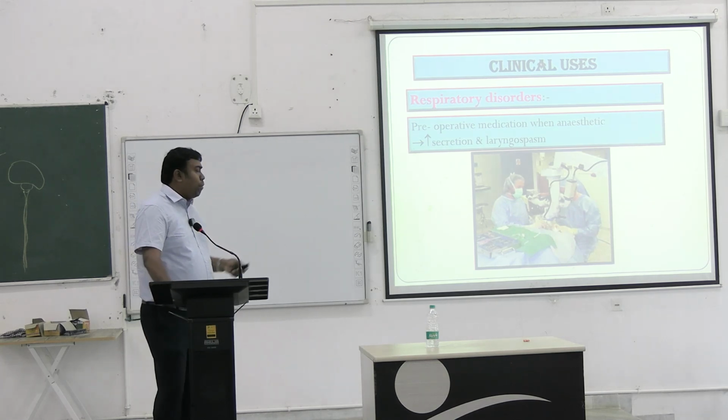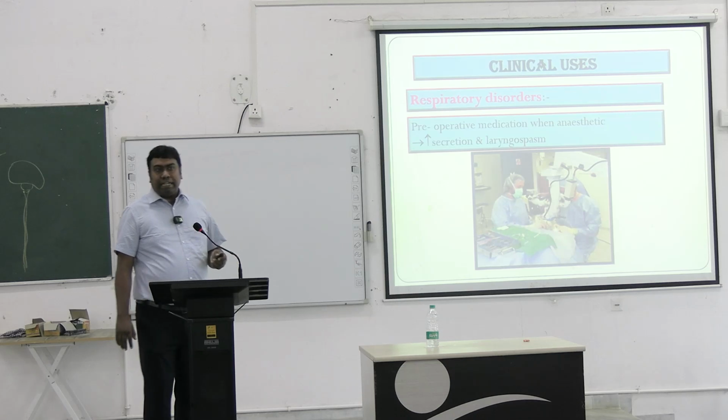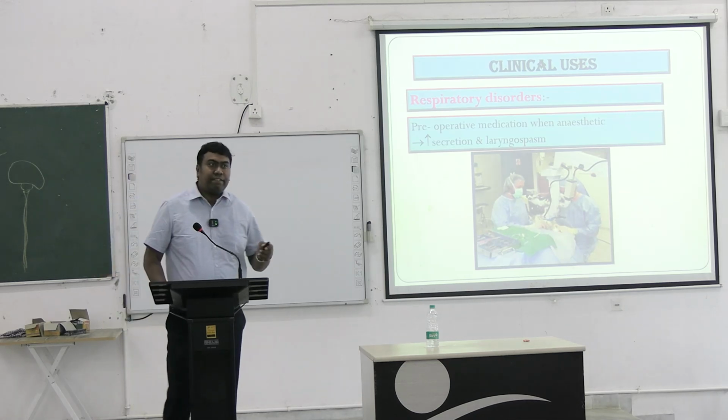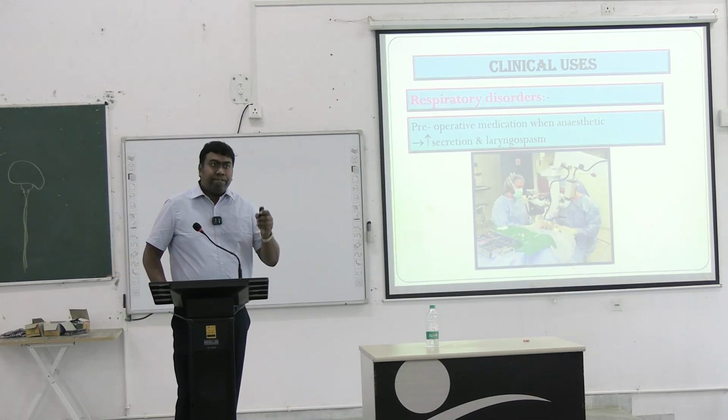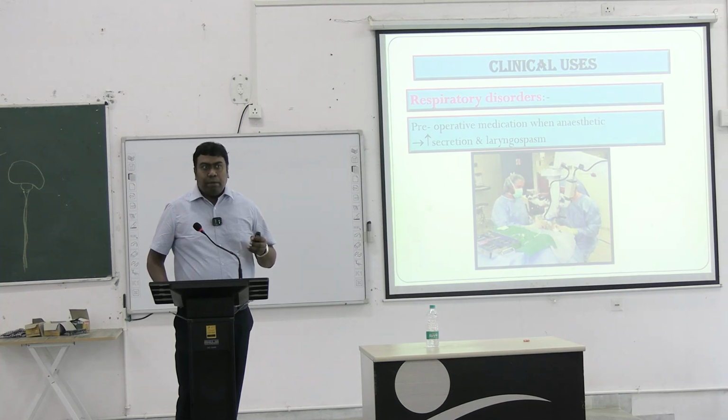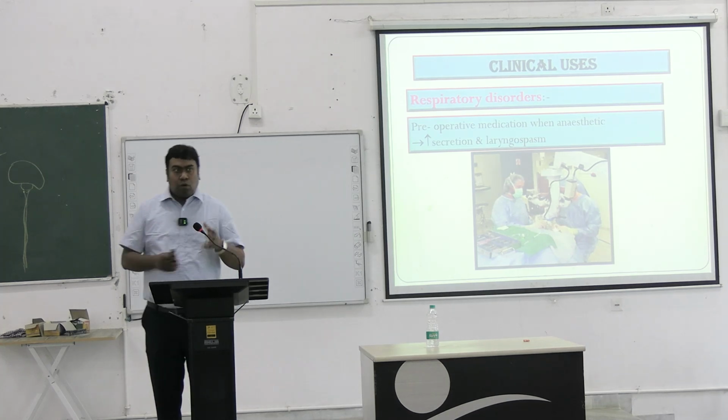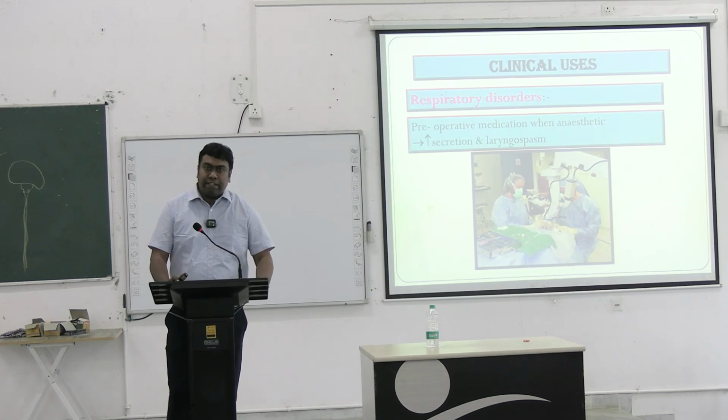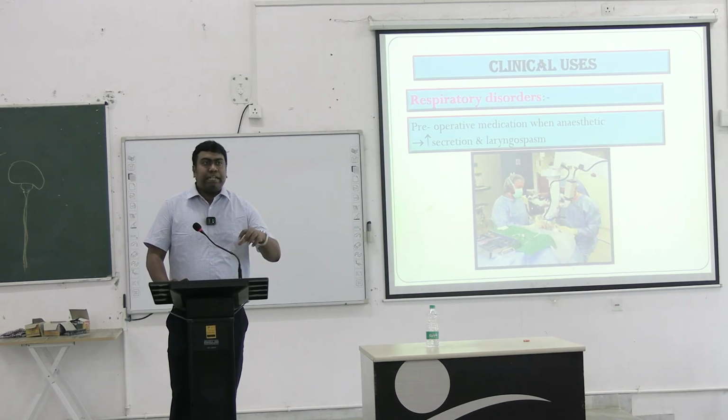Similarly, hyoscine is used as pre-operative, pre-anesthetic medication. Why? They reduce secretions. If not reduced, not only tracheobronchial secretion but also stomach secretion, in general anesthesia there can be gastroesophageal reflux leading to aspiration.